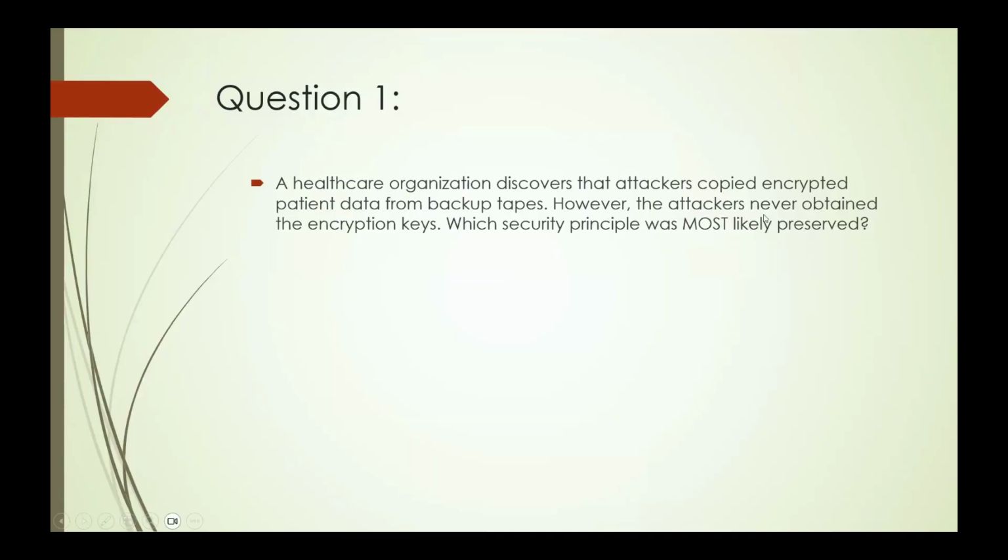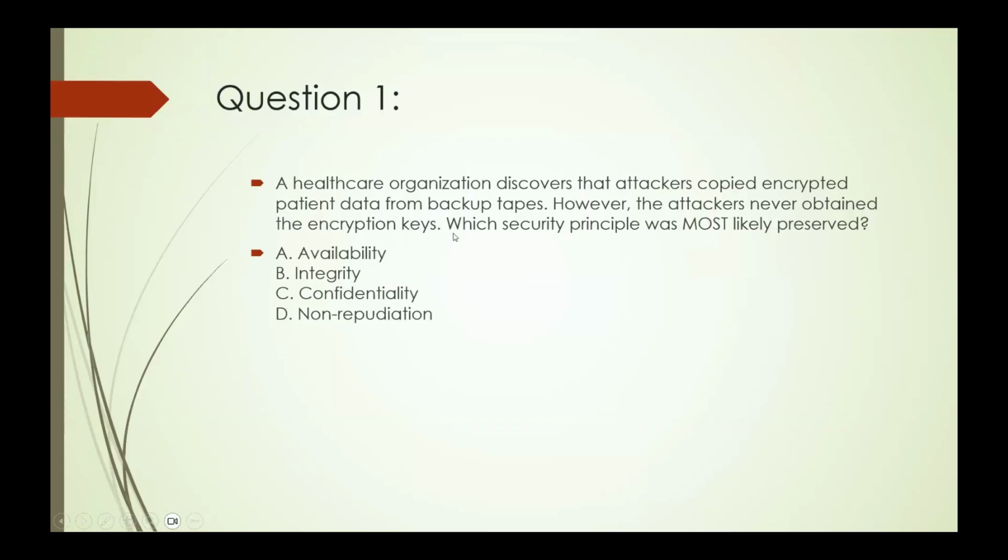However, the attackers never obtained the encryption keys. Which security principle was most likely preserved? Without getting the encryption key, the attacker cannot modify the data. But they have copied the encrypted patient data. Now let's see the options available here: availability, integrity, confidentiality, and non-repudiation.